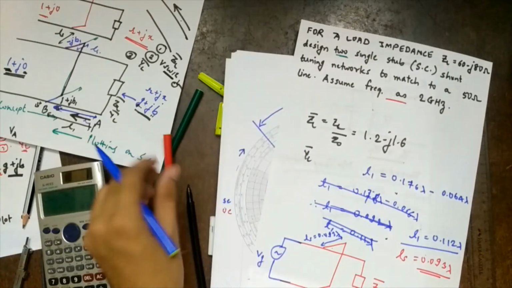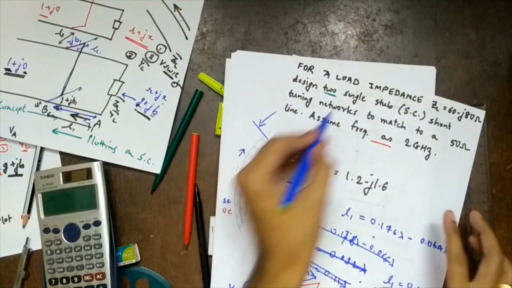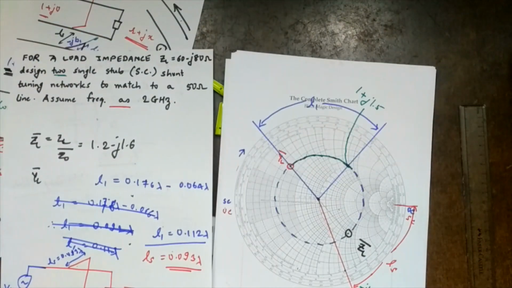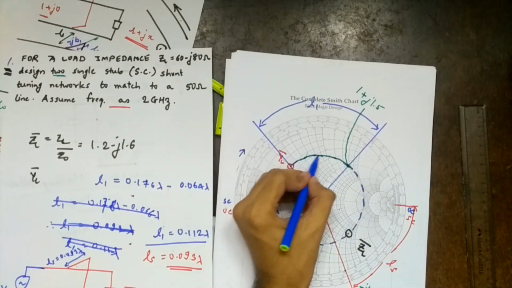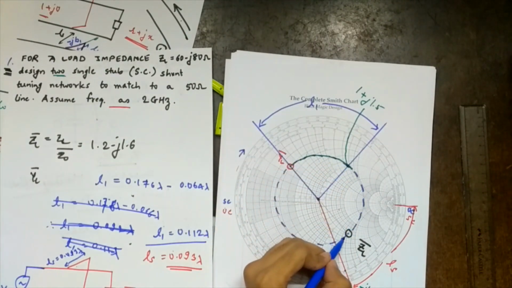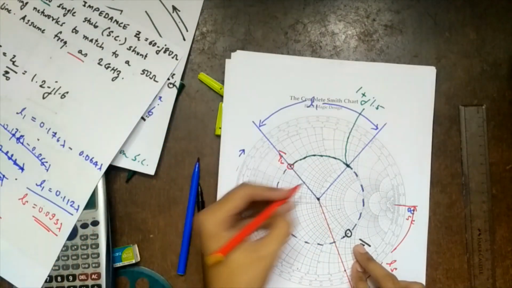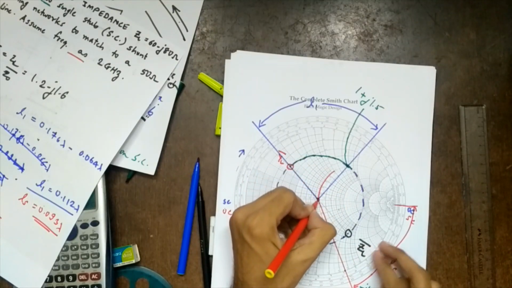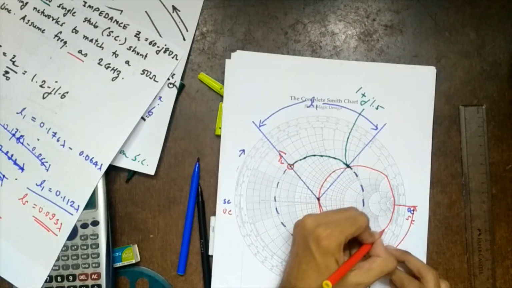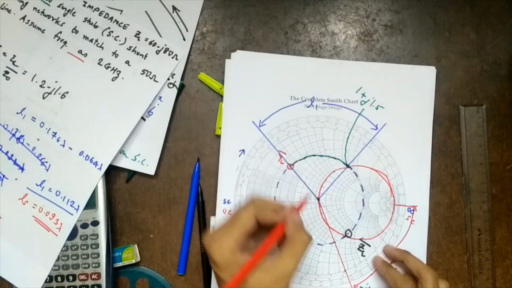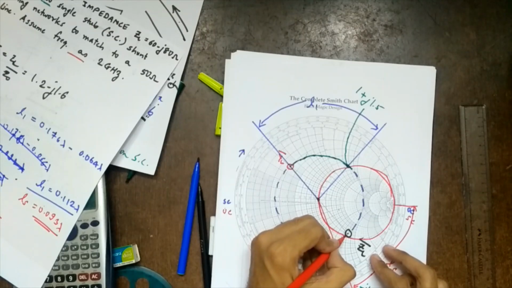Okay. The next question is, why design two single stub short circuit solutions? See, we have moved till here and encountered G equal to 1. If we had continued further, we would encounter G equal to 1 again here. Why? Because if I draw this circle completely, it is like this. If I continue to move like this, I will intersect again at this point.